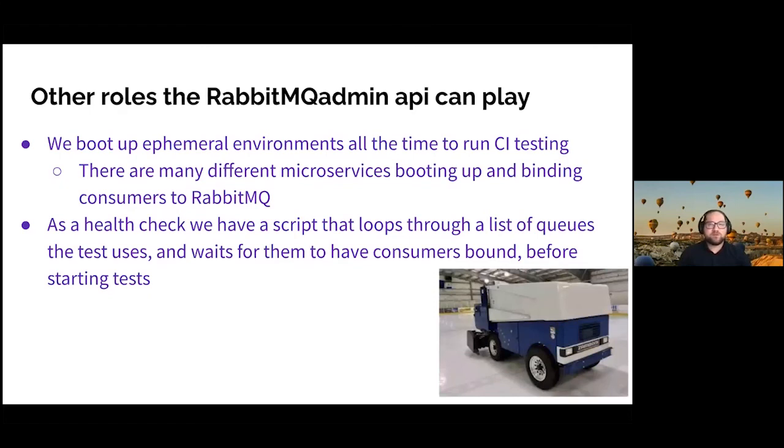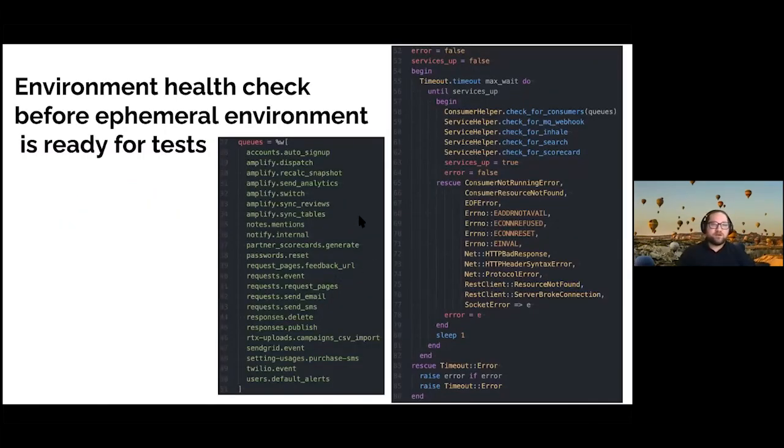So what are some other things that RabbitMQ can do for us? So I described the ephemeral environments that we run for CI testing, and we have a health check script that loops through a list of queues that tests use and waits for them to have consumers bound before even starting the test. So that's kind of a non-standard health check that we have, and I'll show you what that looks like.